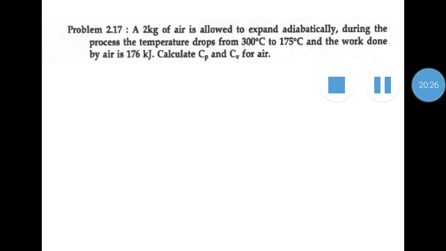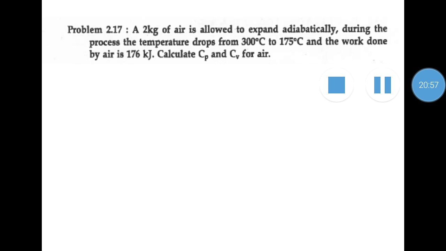Next, one more problem. The problem is on the adiabatic process. Here 2 kg of air is allowed to expand adiabatically, and during that process the temperature drops from T1 equal to 300 degrees Celsius to T2 equal to 175 degrees Celsius.